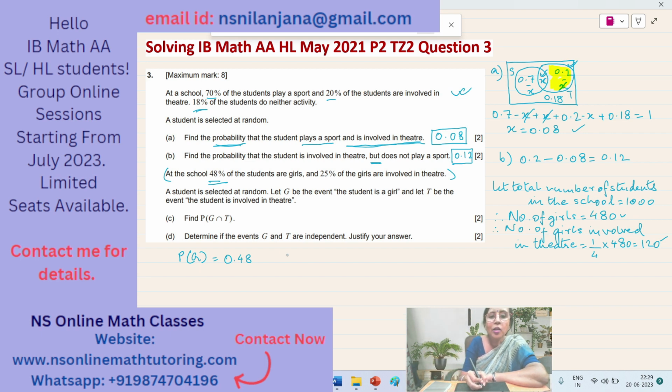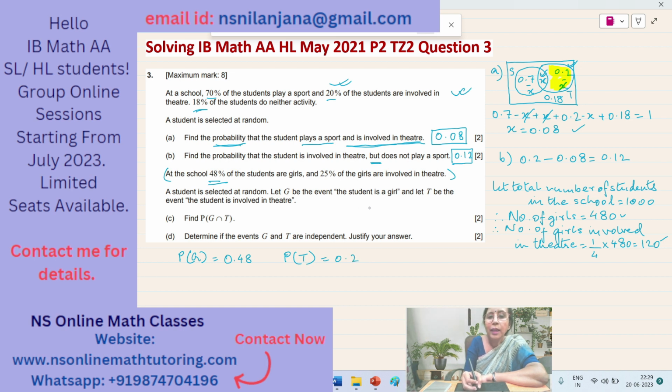So P of G is equal to 0.48 and T be the event that the student is involved in theater. The probability that a student is involved in theater is 0.2.